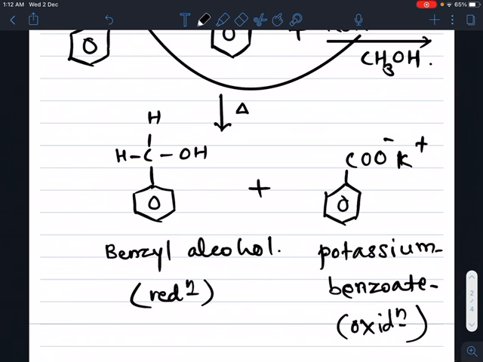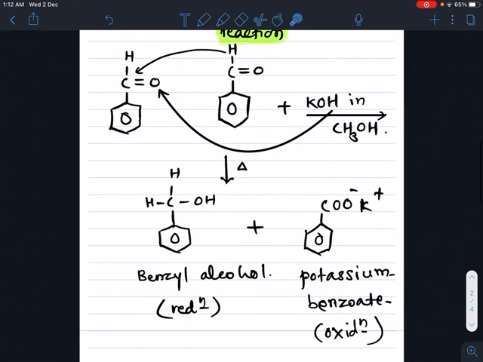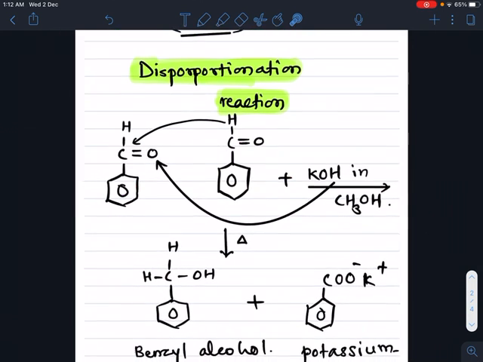Two different reactions take place simultaneously, and therefore this reaction is called a disproportionation reaction. One benzaldehyde is converted into benzyl alcohol, the reduction product, and the other benzaldehyde is converted into potassium benzoate, the oxidized product. So we get one reduced and one oxidized product simultaneously, and therefore this reaction is called a disproportionation reaction.